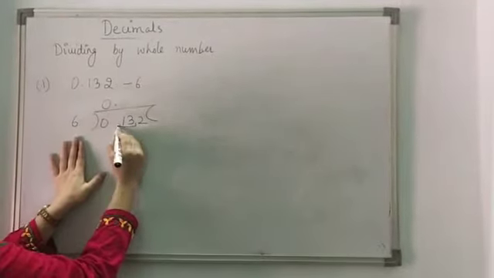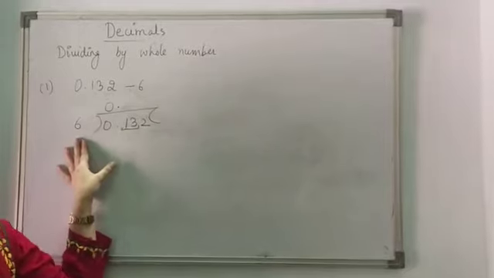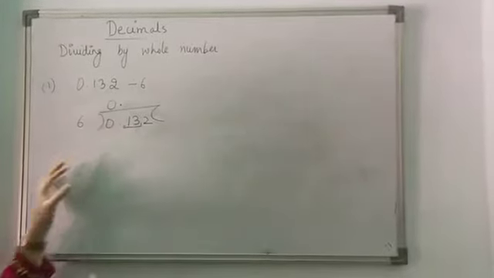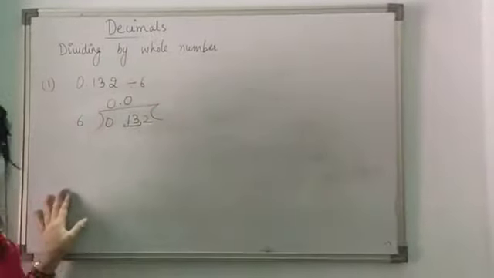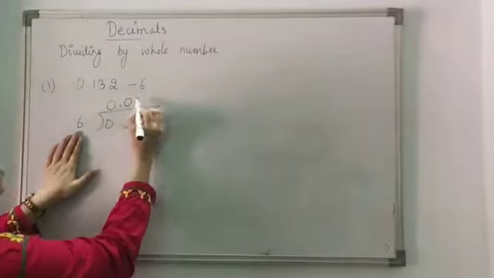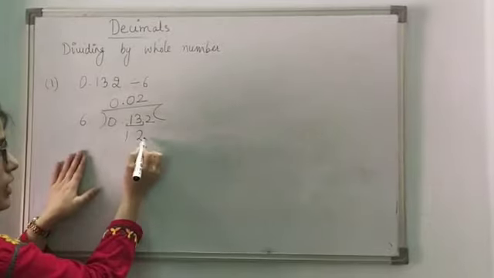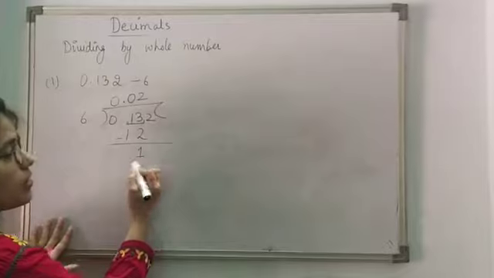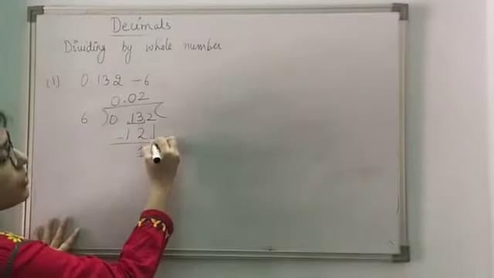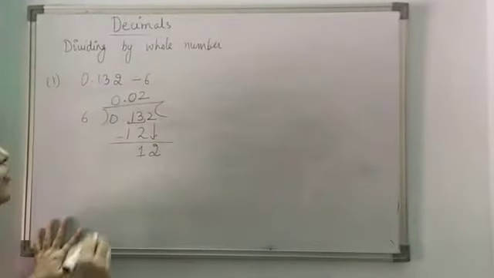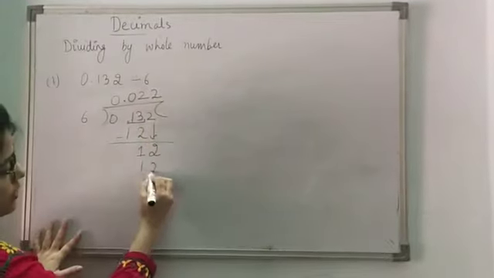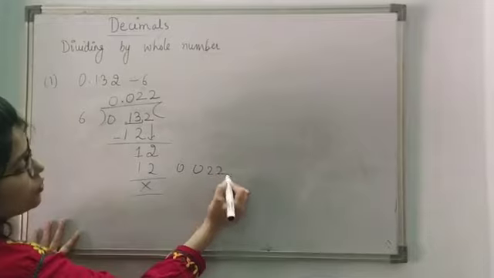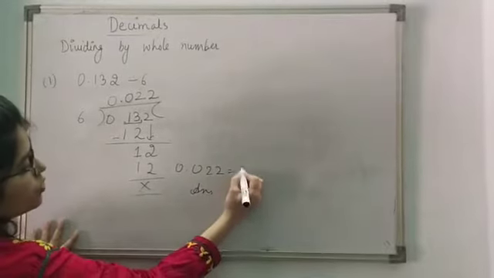Now you are taking 2 digits together, so you all know the normal rule of division, you have to put a 0. Now 6 2s are 12, 13, and 12 you subtract, then you will get 1. 2 you will copy down. Again 12. Then 6 2s are 12. That means your answer is 0.022. That is your question.